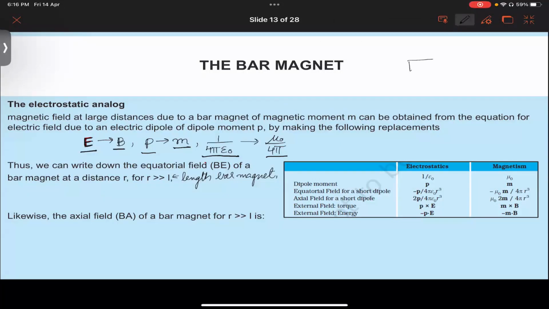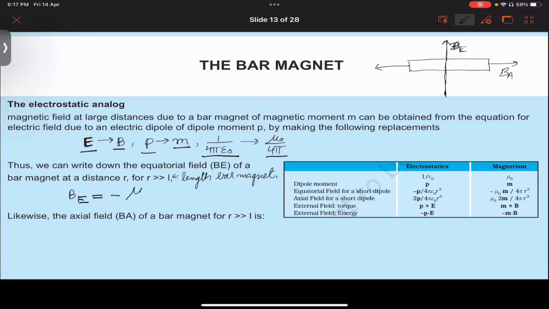If we have this as a bar magnet, the field along the axis of the bar magnet is BA. And if we're considering the field along the perpendicular to the bar magnet, in the equatorial section, then that would be BE. So we can write the equatorial field expression as BE equals minus mu 0 m upon 4 pi r cubed.